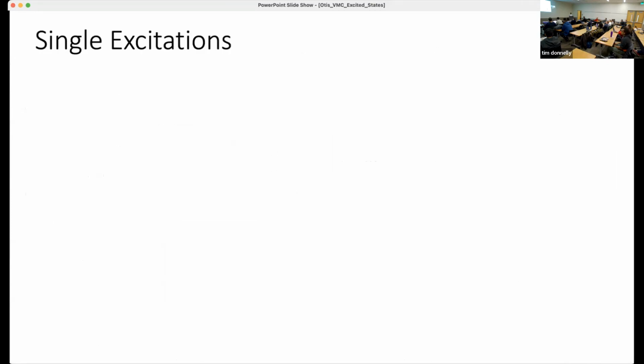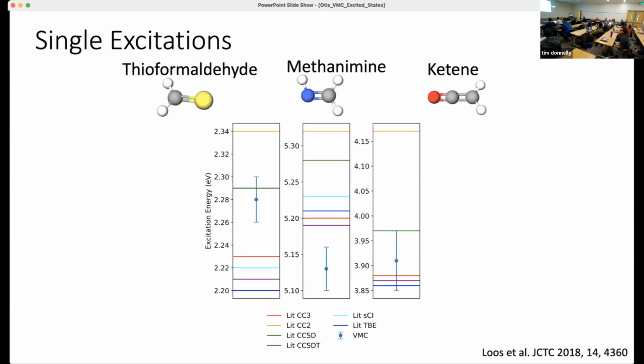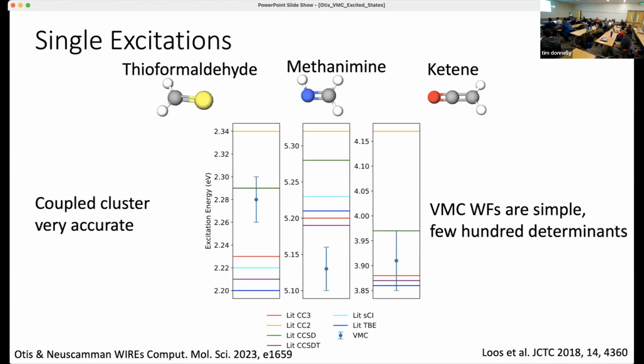So in terms of now showing some applications of all this machinery, the initial tests can be on single excitations in fairly small molecules. These are things that have been benchmarked elsewhere in the community very well with selected CI here in the blue in these plots.